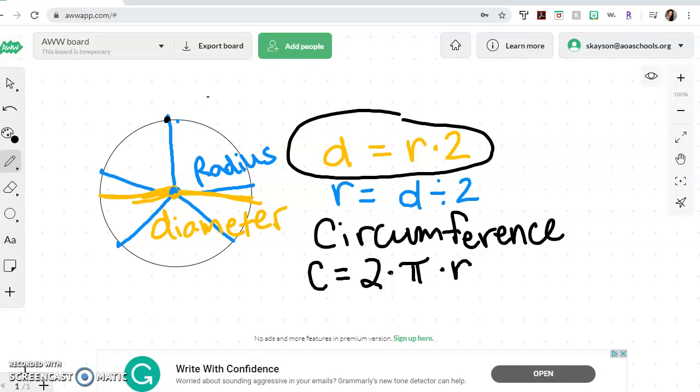So if we take this 2 and r and combine them together, we actually get the diameter. So we've got the circumference equals the diameter times pi. Here are the two formulas you would use to calculate the circumference. Now, if you're not familiar, remember pi is that special number, and we approximate it using 3.14.